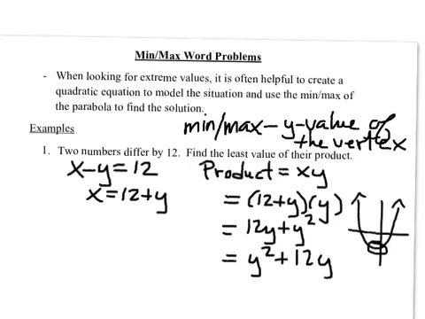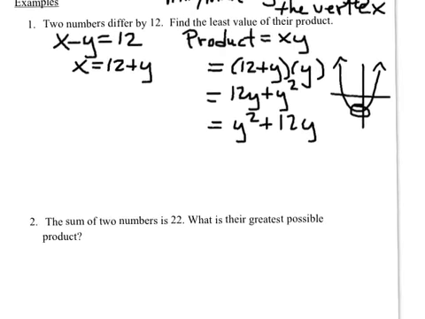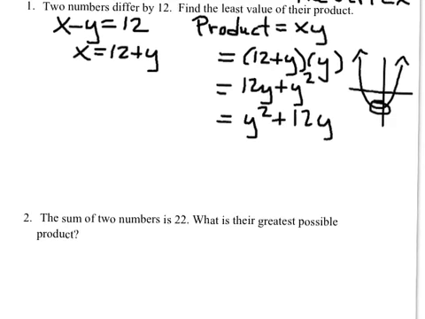So our main task here is to figure out what the vertex is. How do I do that? I'm going to put this into graphing form by doing a little completing the square. To make this a perfect square trinomial, I take this number, divide it by 2, and square it.